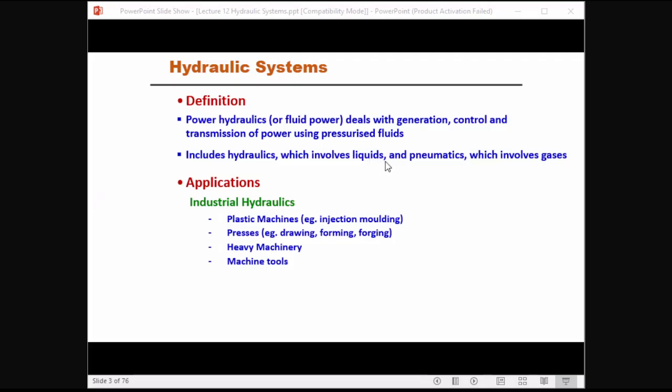Mainly they use hydraulic oil and pneumatics. Some gases are also used for these machineries. What are the applications for machines? What are examples of heavy machineries in industry?